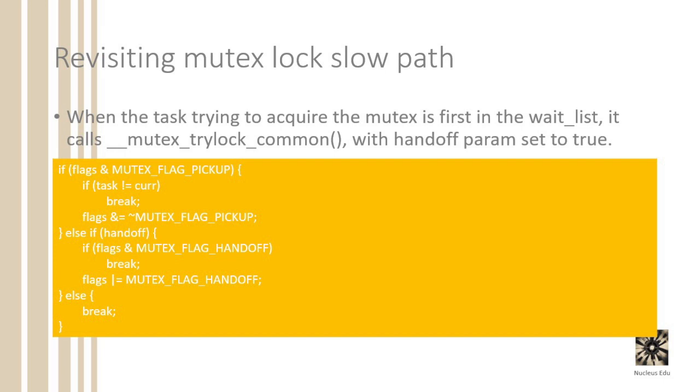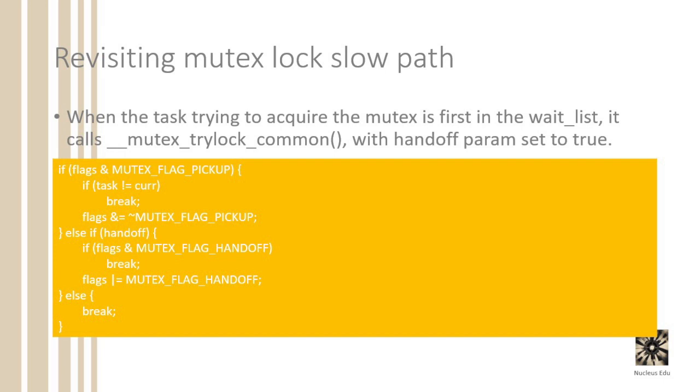Now the task running this piece of code knows that the mutex has been unlocked and handed over to one of the tasks, but it does not know whether it is itself or some other waiter which was ahead of it in the queue. And that test is the second, nested if: task not equal to current. If it is not equal to current, that means the task to which the mutex was handed over is not itself but someone else, hence it breaks.